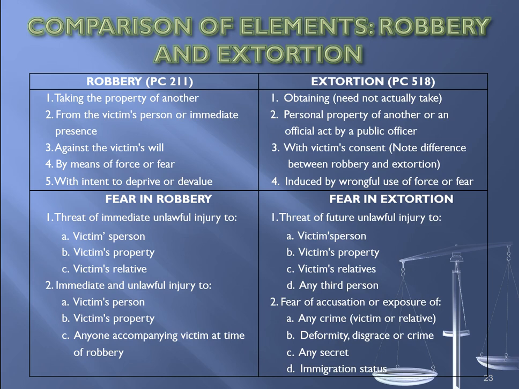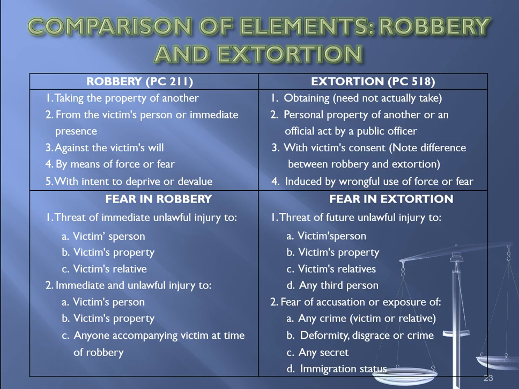Number 4 on the robbery side, by means of force or fear. Number 4 on the extortion side, induced by wrongful use of force. That threat of exposure. And then number 5 on the robbery side, with intent to deprive or devalue.